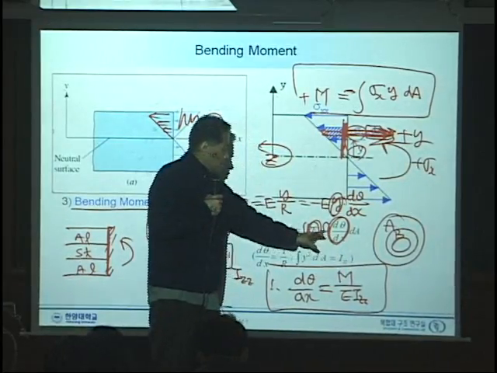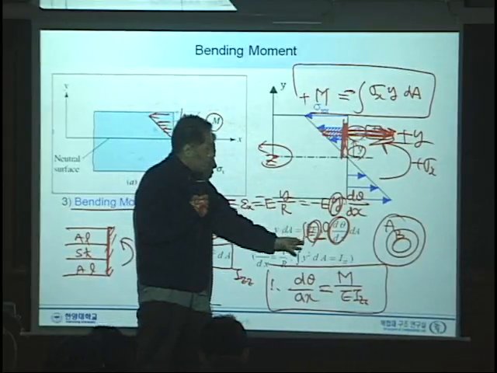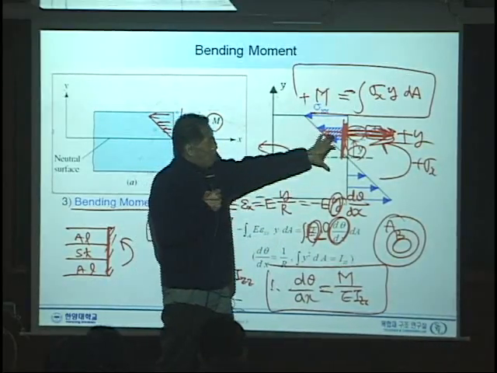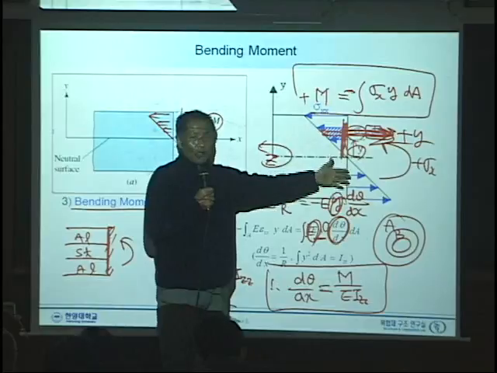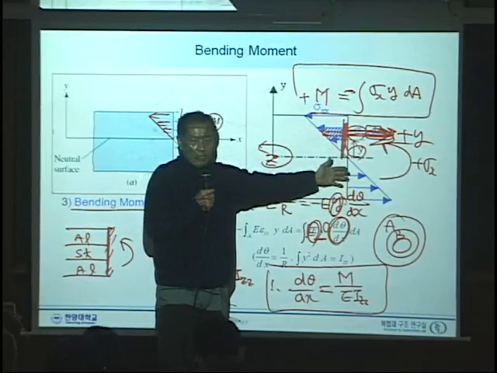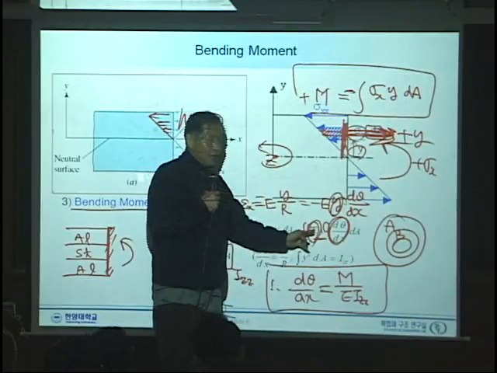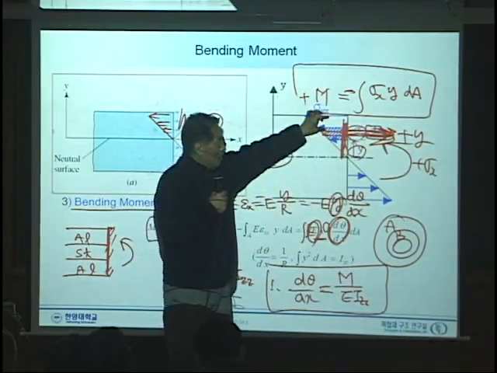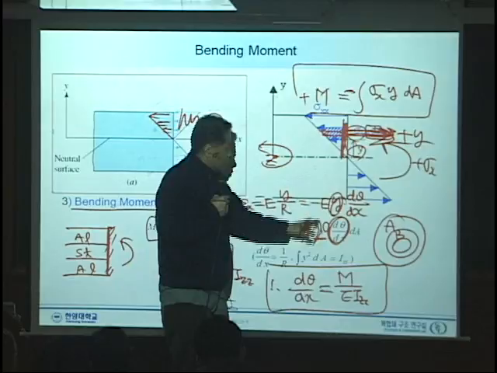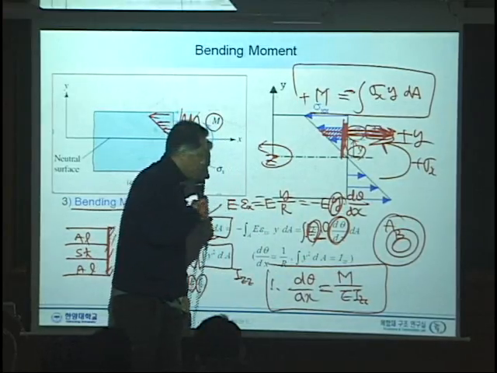So these are constant, and out of the integration. But if you have different materials layered through the thickness, then this E should be integrated part by part, layer by layer.